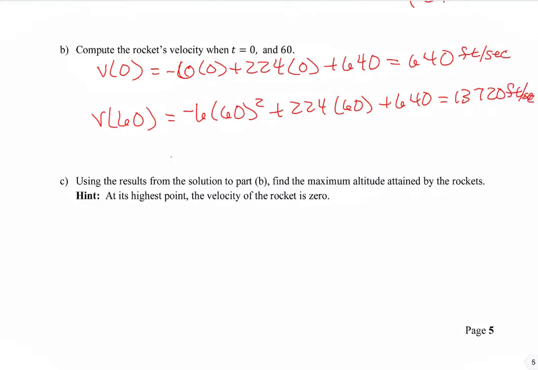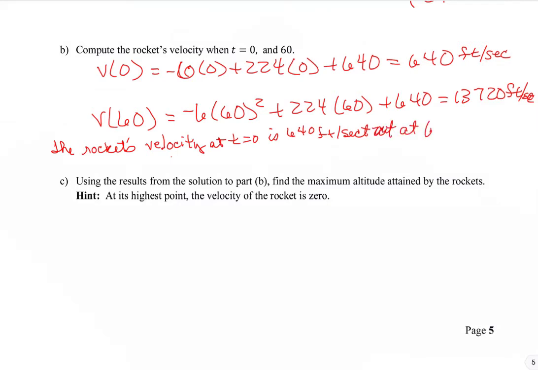And again, make sure that you write them up in a complete sentence. So the rocket's velocity at t equal to 0 is 640 feet per second, and at 60 seconds is 13,720 feet per second.